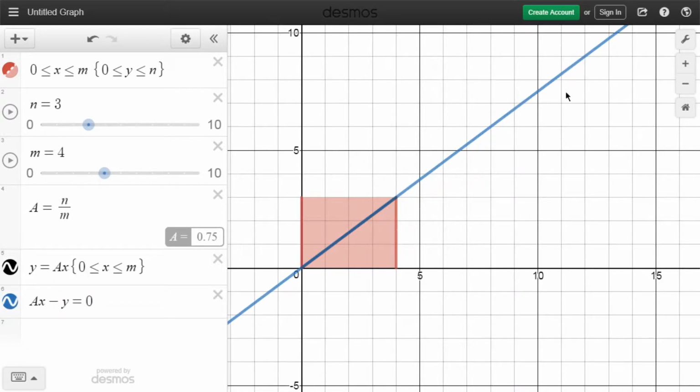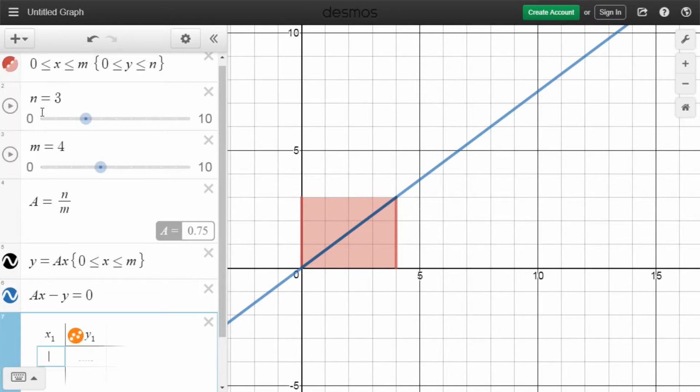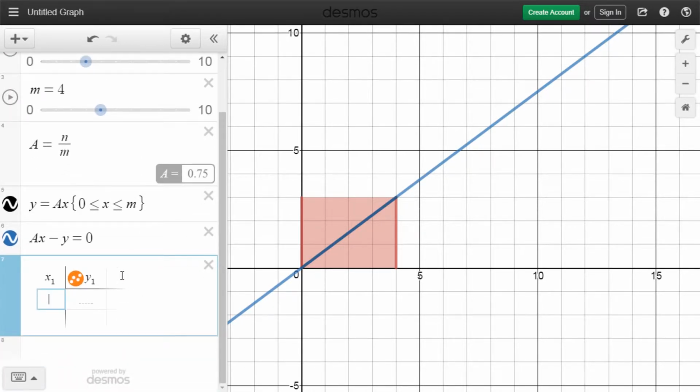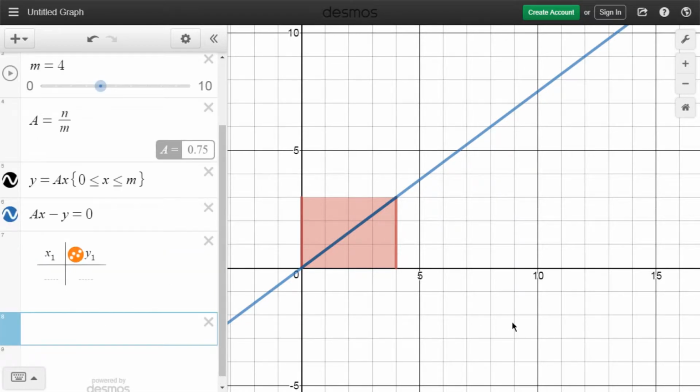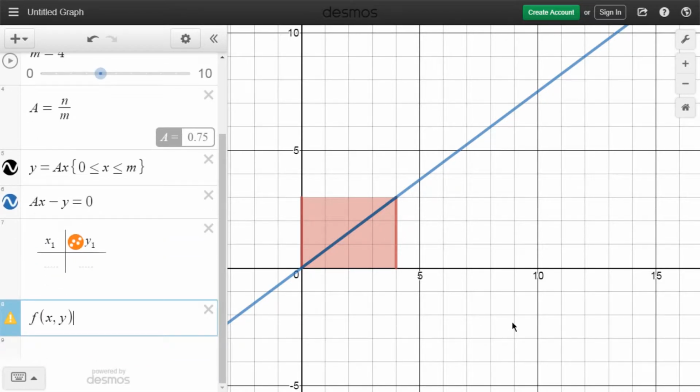So that's our line. And we want to know, if we were given a set of x and y values, whether they lie on this line. So we could do something like this. Let's put in a table, and we're going to make a function here. It's going to be a function that takes in x and y, and it's just going to return Ax minus y.